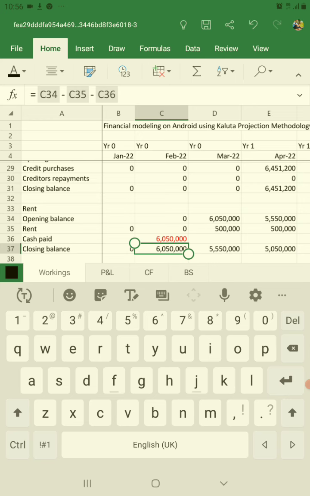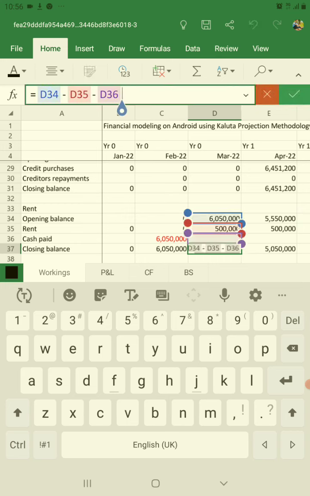Now in the month of March, 500,000, that is monthly rental, is accrued, is expensed. So from our balance of 6,050,000, we less accrual for the month according to the formula. We take the opening balance minus accrual for the month, so we have reduced monthly accrual from the advance rental payment, minus cash paid.